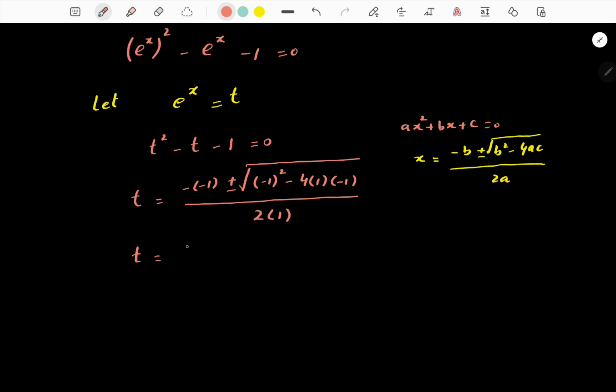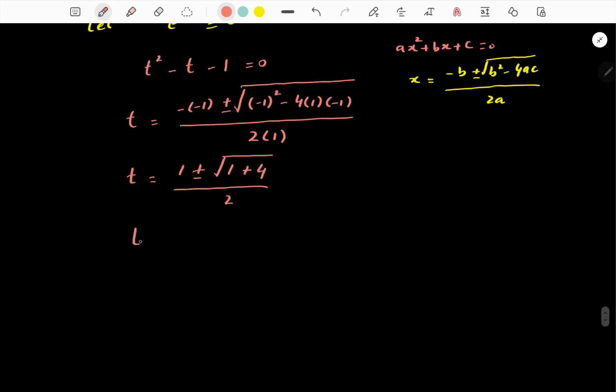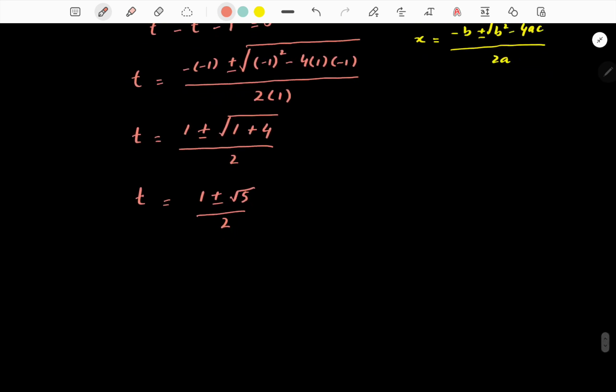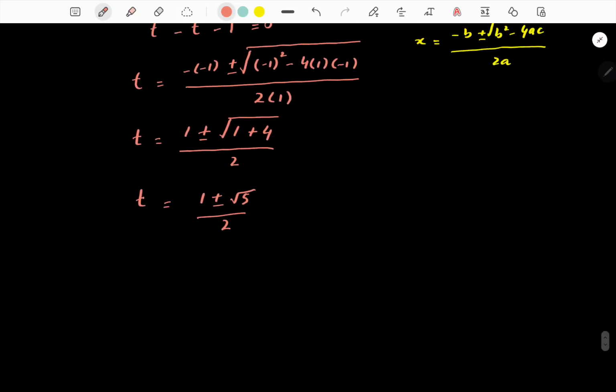So this t is equal to minus minus 1, that is plus 1, plus minus under root 1 plus 4, over 2, or t is equal to 1 plus minus under root 5 by 2. So here we can divide it into two ways. The first value is with plus, another is with minus. So we have two values.